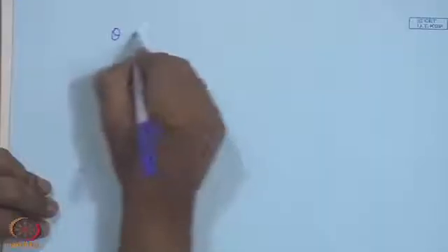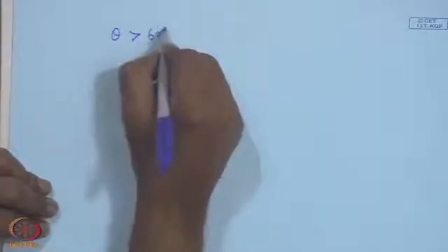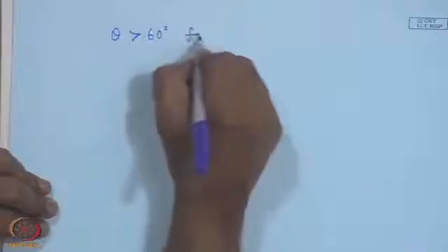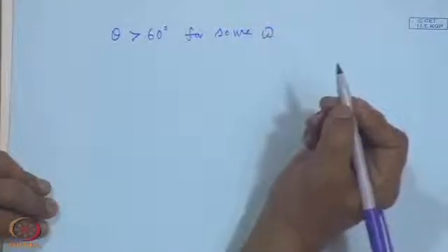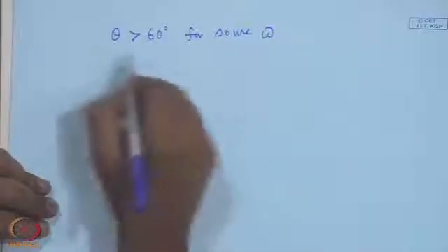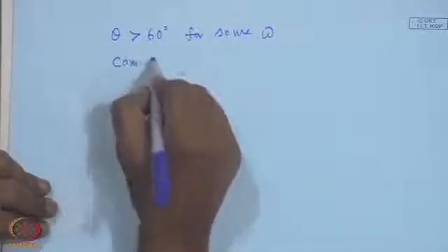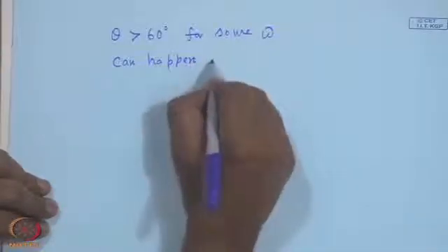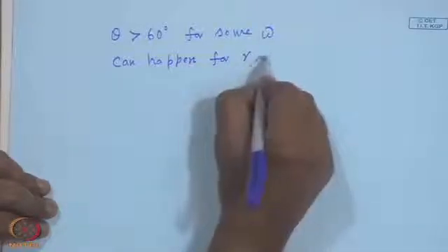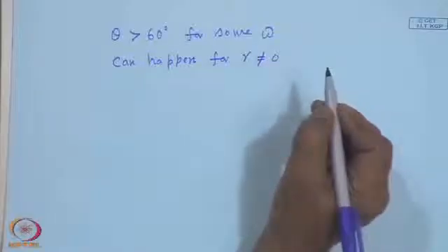So, in other words, theta can be more than 60 degrees for some omega. This can happen for gamma not equal to 0 also.